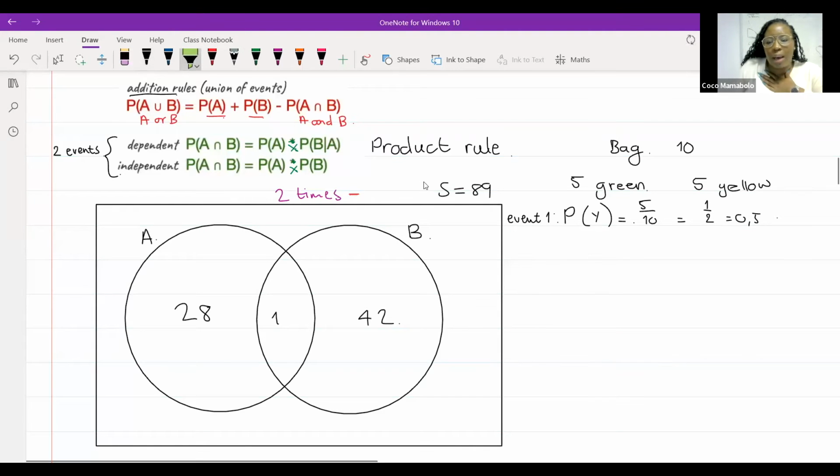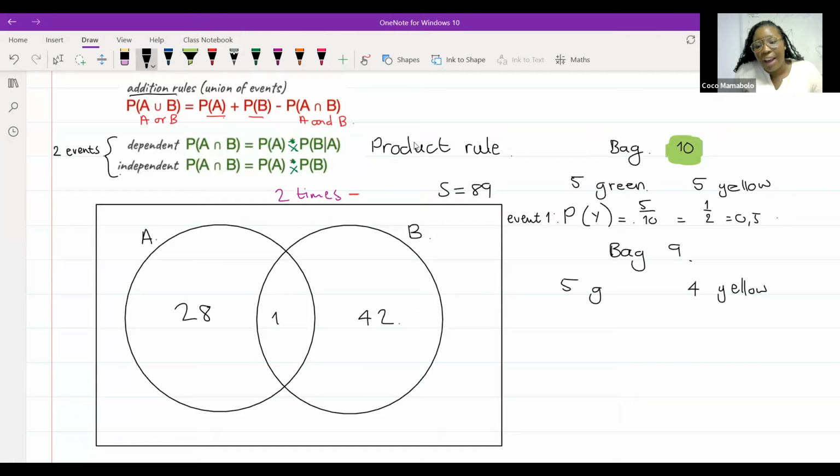What's happened to the amount of sweets in my bag? The amount of sweets in my bag has decreased. So now I have 9 sweets in my bag. I have 4 yellow instead of 5 yellow, and I still have 5 green.